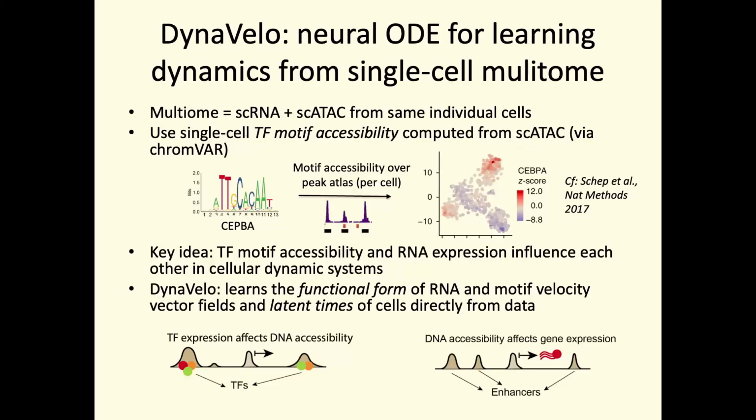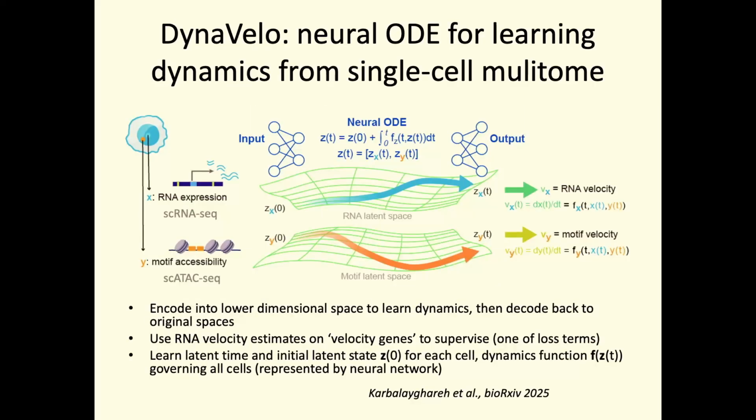And we're going to learn a functional form of the RNA and motif velocity vector fields and the latent times for all cells directly from the data using a neural ODE. So this is the idea.